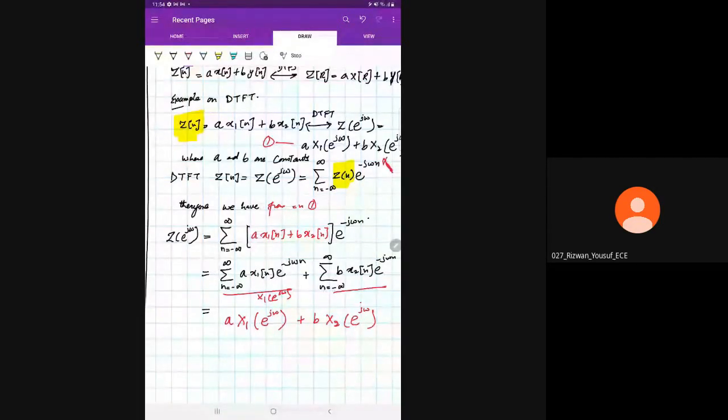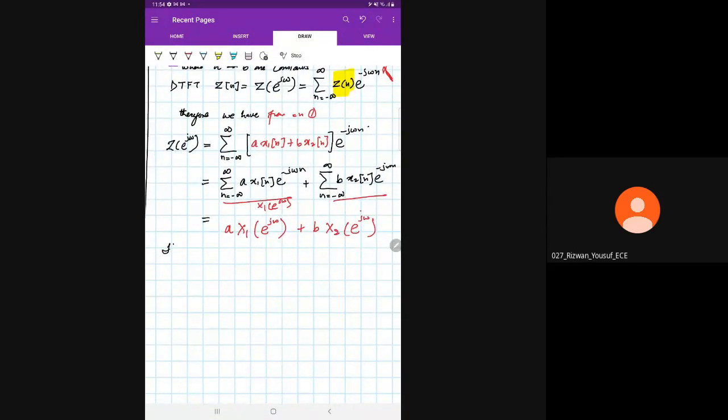We got this in equation 1. Thus we can say that the output is linearly related and follows the principle of superposition.